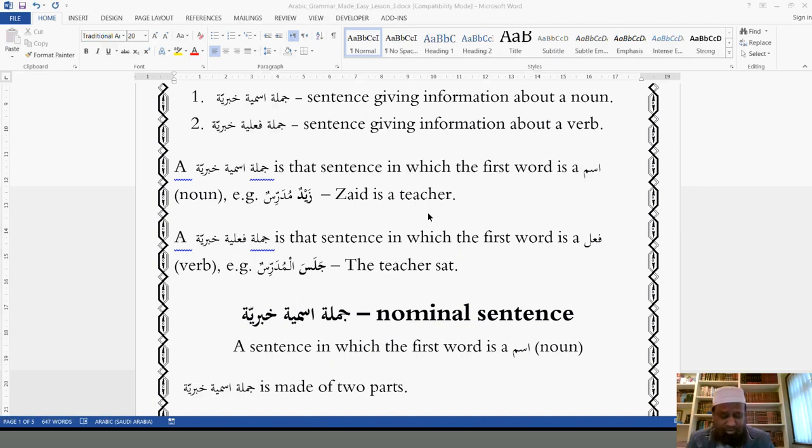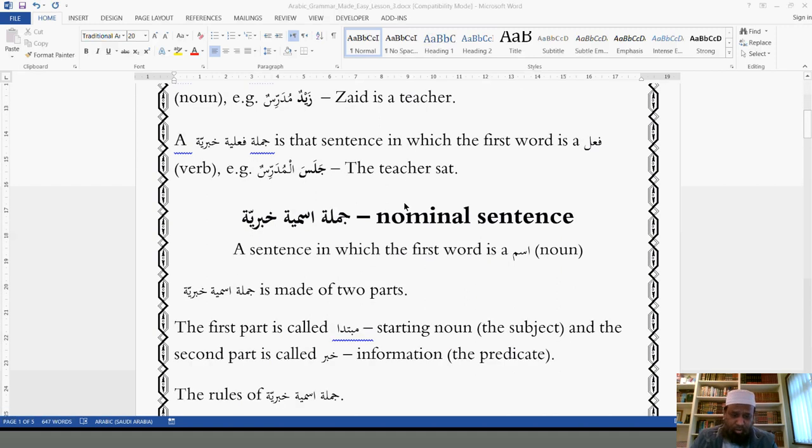The second part later on, we will also make longer. But still, it will count as two parts. The first part, it doesn't matter how long you make it, still it will be called the first part. The second part, it doesn't matter how long you make it, still it will be called the second part. Now let's see what these two parts are.